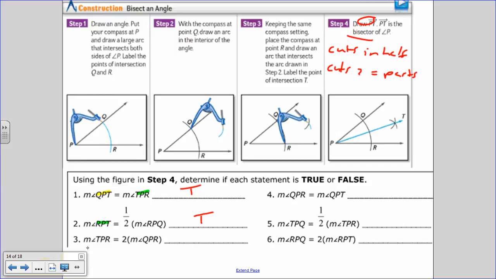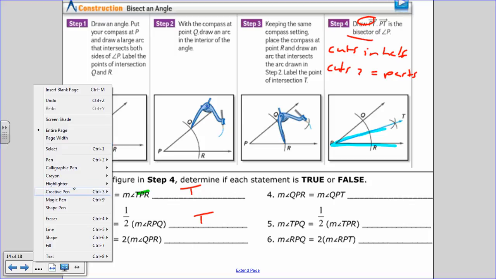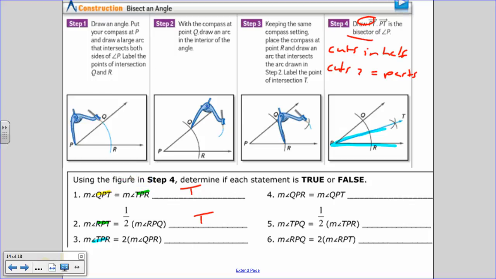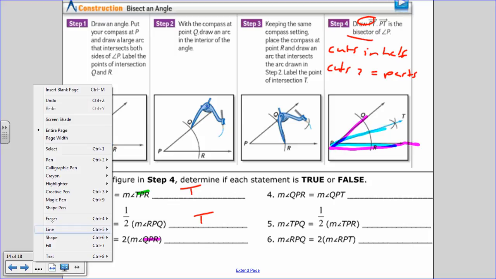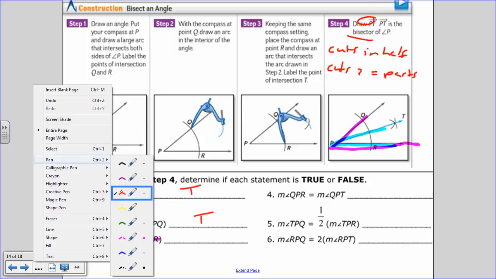Okay, next I'm going to look at TPR and QPR. So this is how I would read number three.